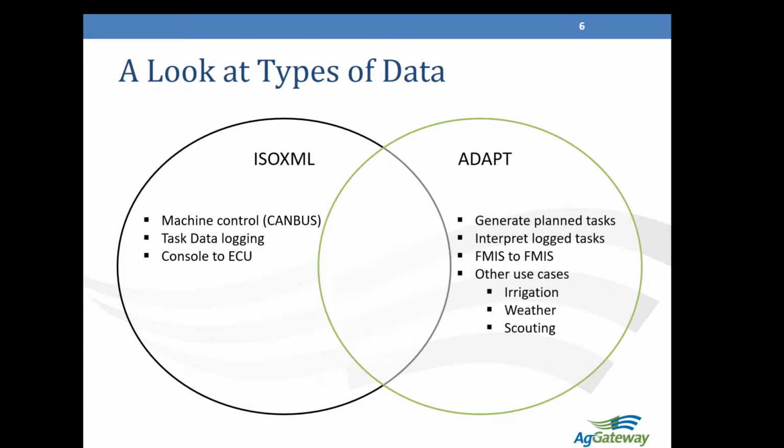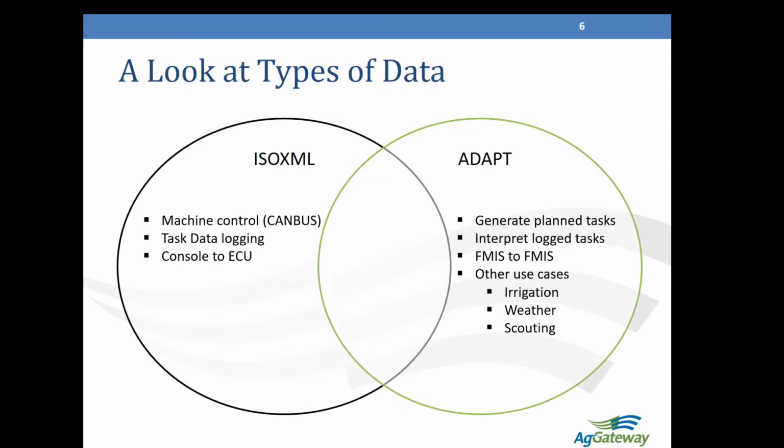ADAPT is a bit different, perhaps a bit more broad. It focuses on software generating planned tasks, interpreting log data, FMIS to FMIS or platform to platform communication, and also encompassing many other use cases, for example, irrigation, weather, and scouting data.